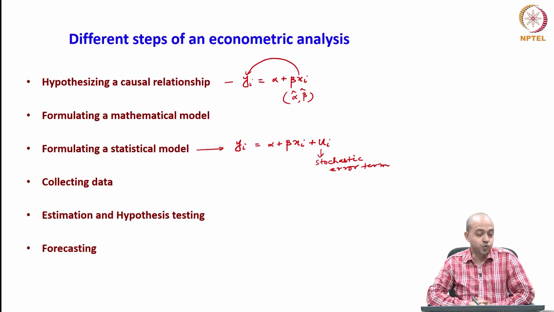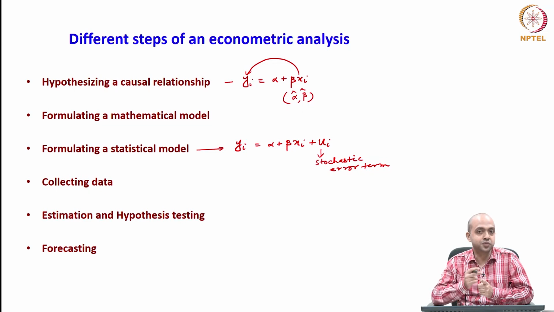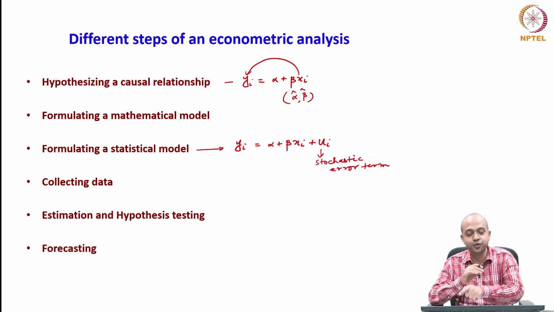Even though ui is called the error term, it is the most important factor in an econometric analysis that we have to clearly keep in our mind.